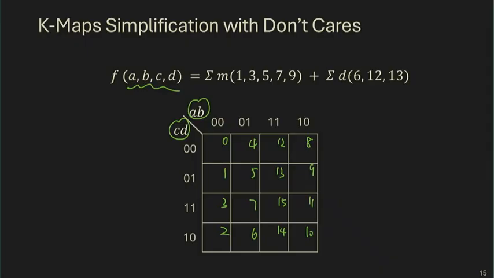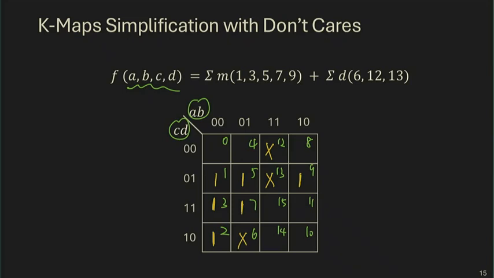And again, I can put those min terms in the Karnaugh map by following positions 1, 2, 3, 5, 7, and 9. I can also put down the don't care terms at the corresponding indices. So 6 is a don't care, 12 is a don't care, 13 is a don't care.